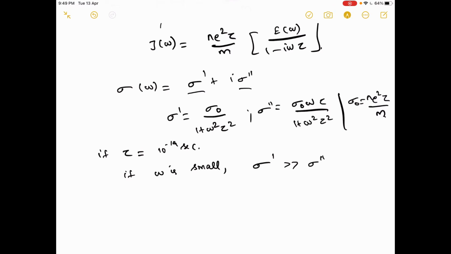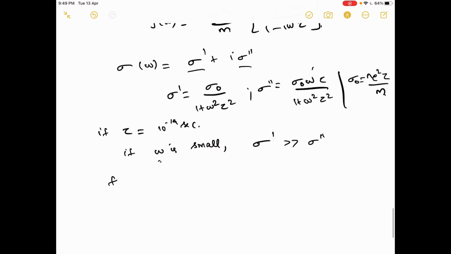Why? Omega is small, and omega is in the numerator here, so obviously sigma double prime will be smaller. Here omega is in the bottom, so obviously sigma prime will be much larger than sigma double prime. So your conductivity will largely remain constant, and it will be resistive, so there will be some losses.